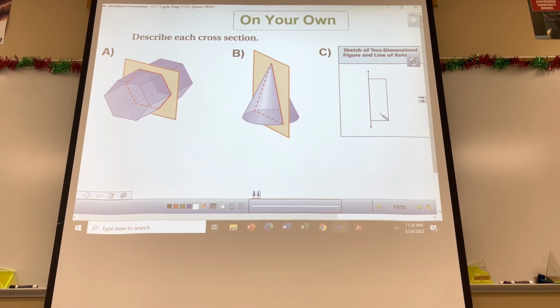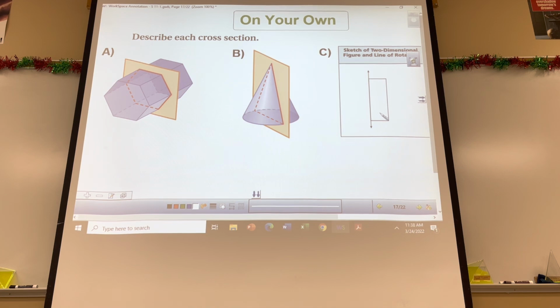Question. After the line, like this, it's only a quarter. Think about it. Right here, so what shape would it be?